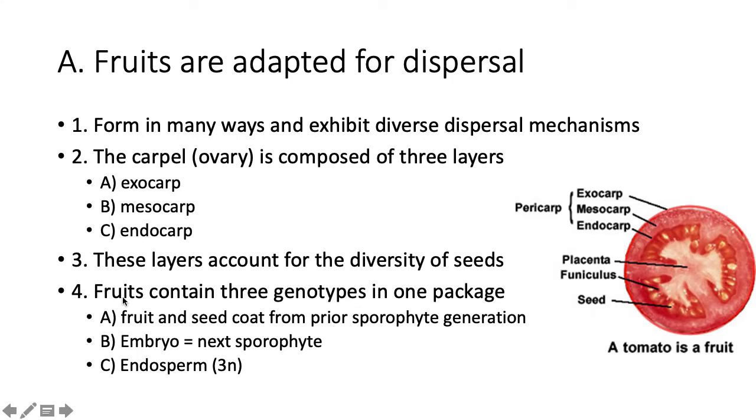Another unique thing about fruits is that you basically get 3 genotypes in one package. You get the fruit and the seed coat from the prior sporophyte generation, the organism that made it. You also get the embryo for the next sporophyte, and then you also have the endosperm, which is triploid.